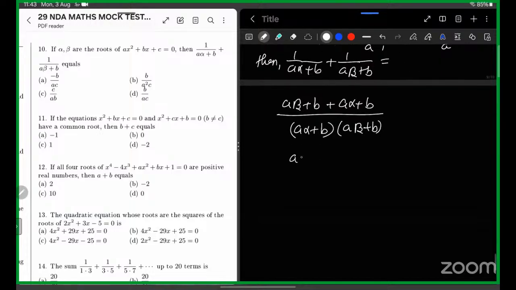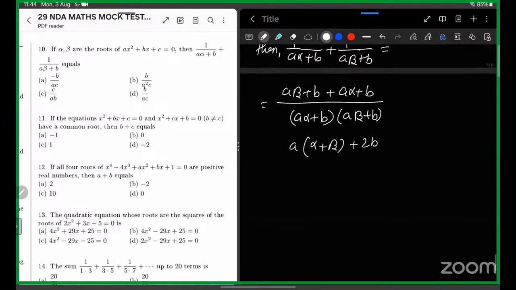Now if I take a common from the numerator, I am going to get in bracket alpha plus beta plus 2b, all divided by a alpha plus b into a beta plus b. If I do the multiplication, I am going to get a square alpha beta plus ab alpha plus ab beta plus b square.